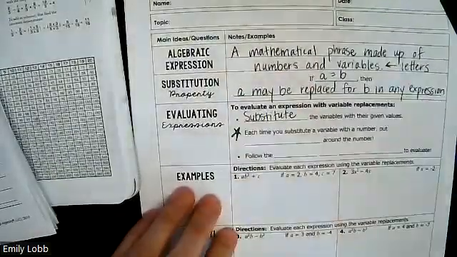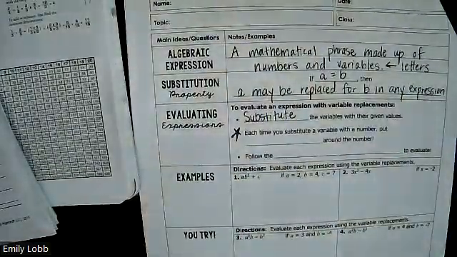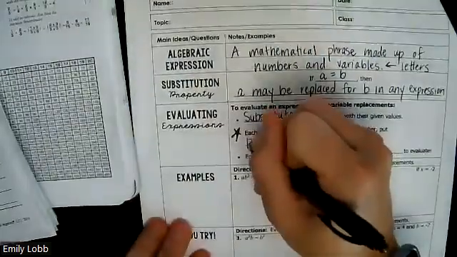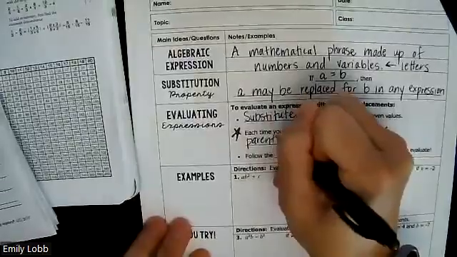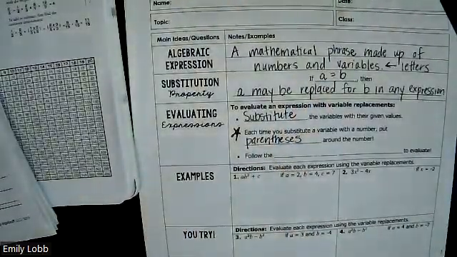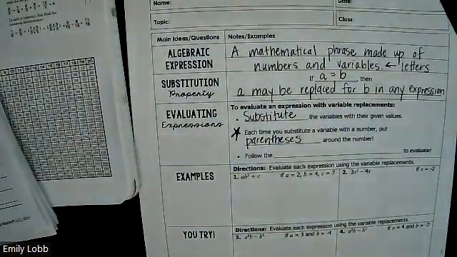Star it. Each time you substitute a variable with a number, put parentheses around the number. Because when we have a number next to a letter, it tells us we're multiplying those two things. So we have to put parentheses around the number.